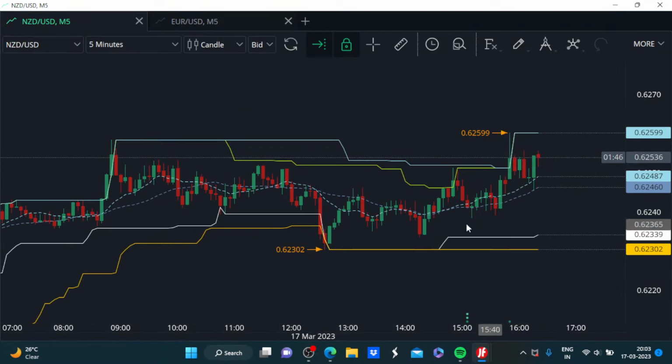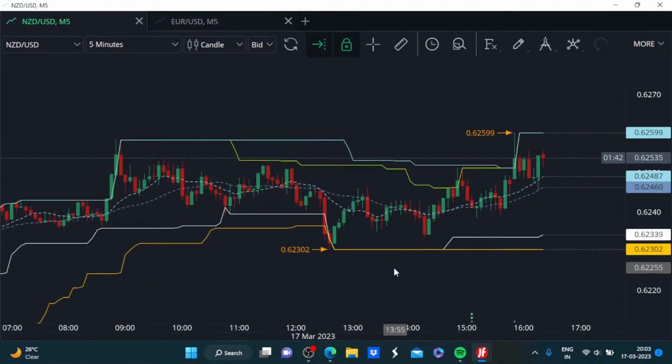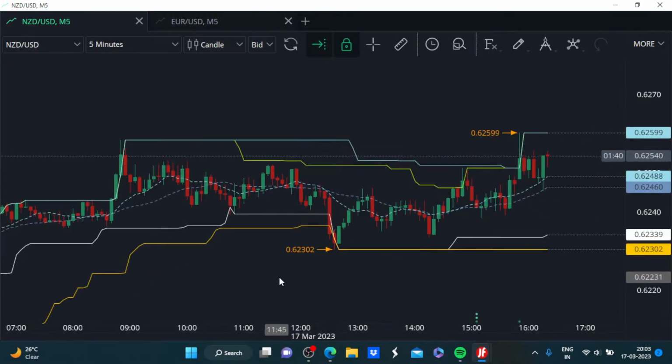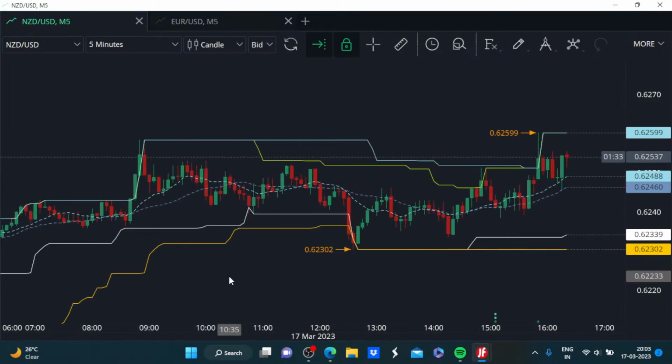The NZD has been able to hold on to most of its gains. It was simply going sideways. It didn't really see much of a correction from these higher levels, whereas for other major currencies, we saw strong correction from these higher levels. So that is a marked difference in comparison to the other major currencies.